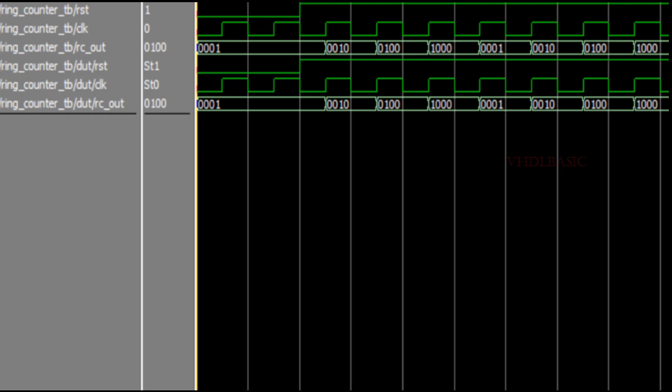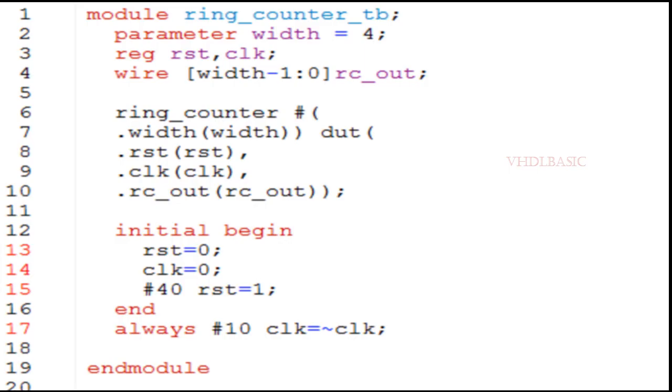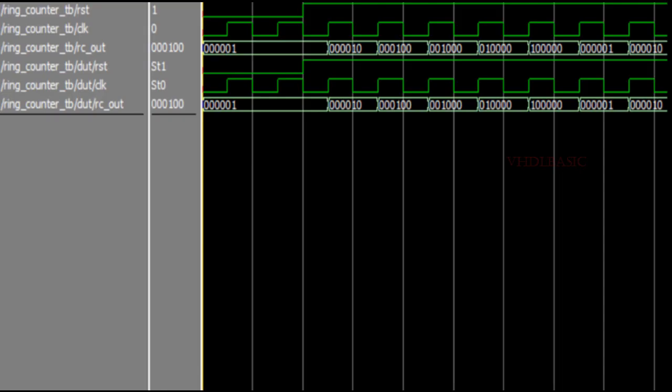Now I am going to change the width of the ring counter. So instead of 4, I am going to give 6 here. Now I am going to simulate this and I will explain with the waveform. So this is the 6-bit ring counter. If you see here, 5 zeros are followed by 1 when reset is asserted.